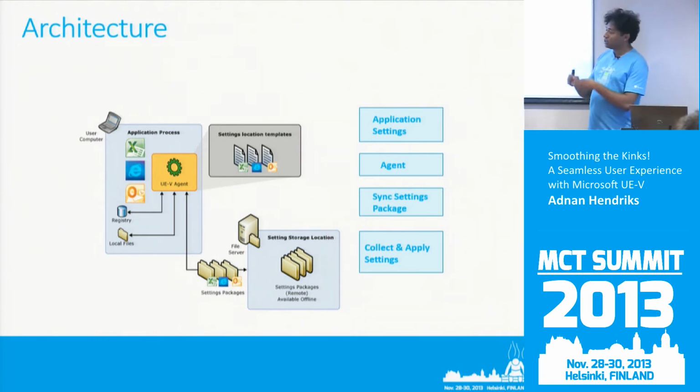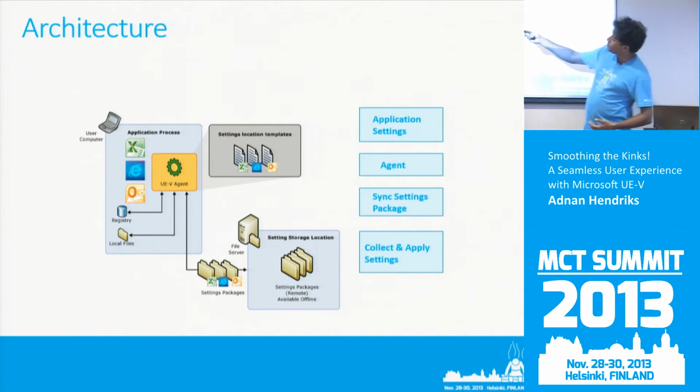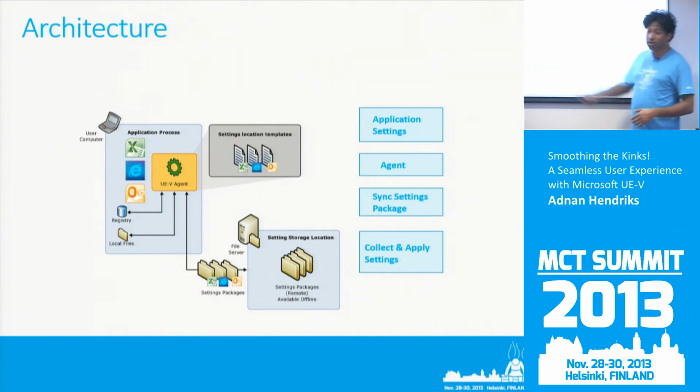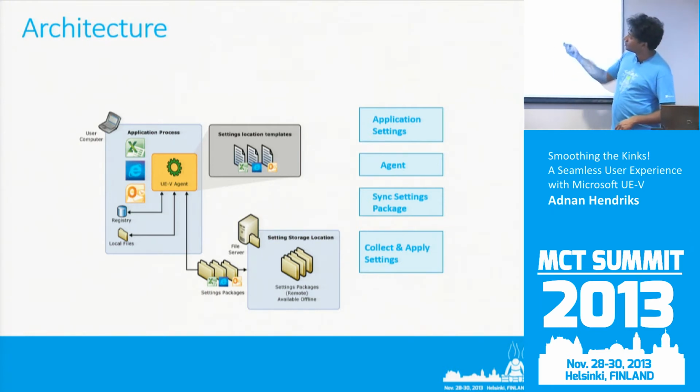It's really just an agent that looks across at a folder on a file server or the user's default home folder. So the application looks at the registry and local folders on the machine for its settings. The agent also looks at where the application is hooking into those settings.